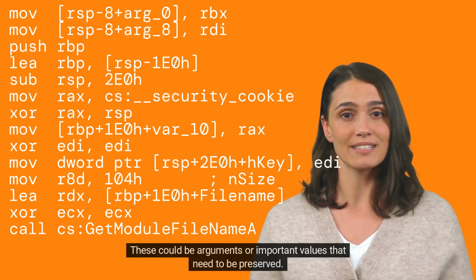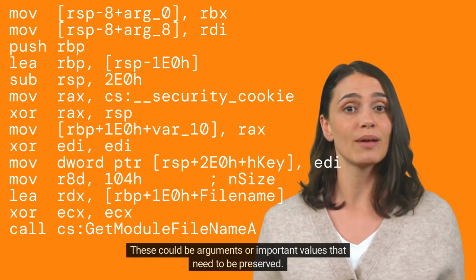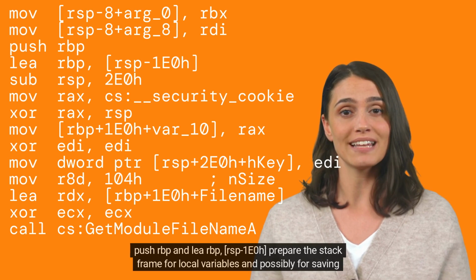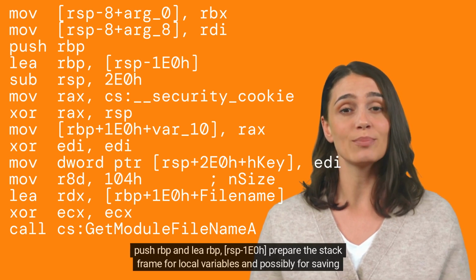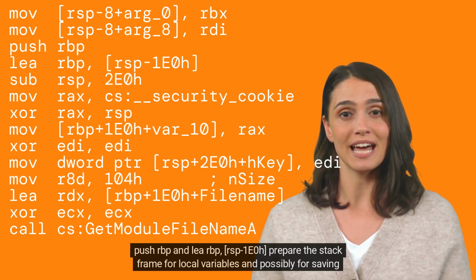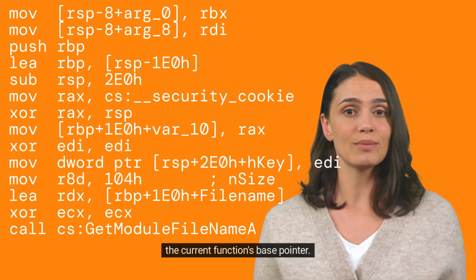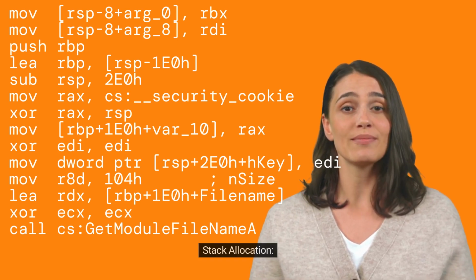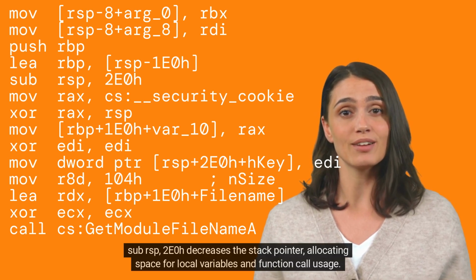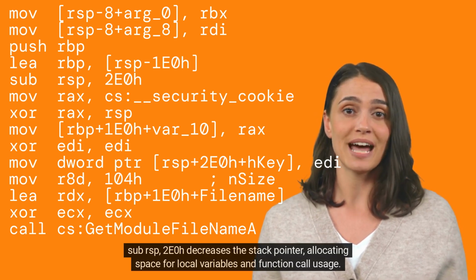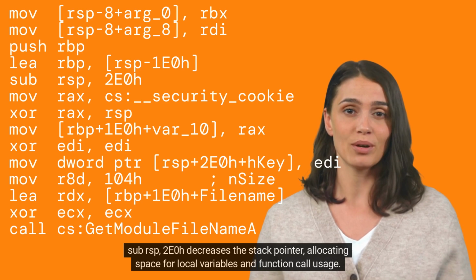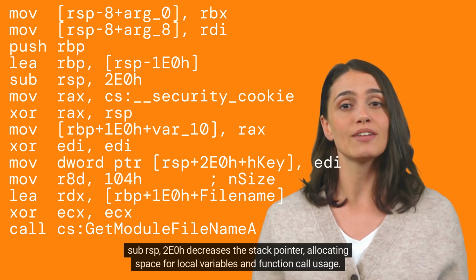These could be arguments or important values that need to be preserved. Push RBP and lea RBP, [RSP-1E0h] prepare the stack frame for local variables and possibly for saving the current function's base pointer. Stack allocation. sub RSP, 2E0h decreases the stack pointer, allocating space for local variables and function call usage.